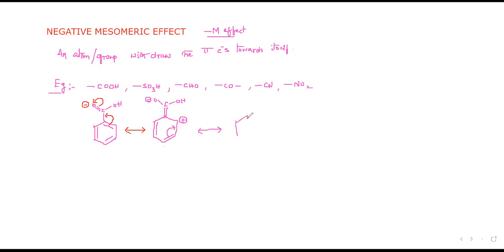Let me write that structure neatly. Positive charge comes here, we have a double bond here with carbon, one side it is O minus, another side it is OH.